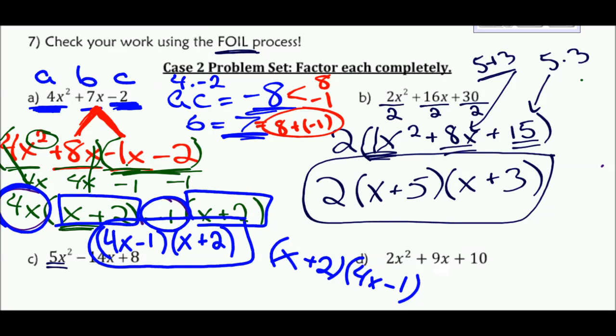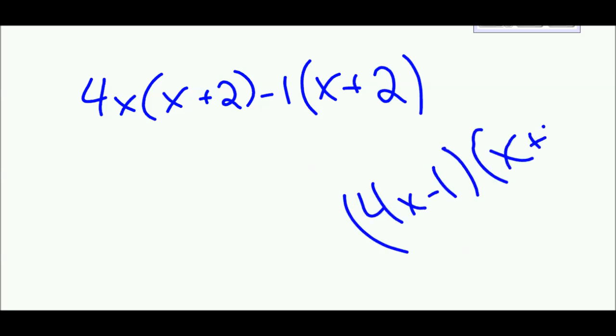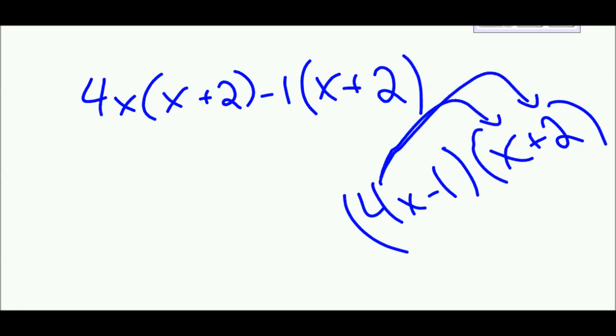Actually, let's show why that makes sense. When we're foiling something, basically it's just distributing both of these into this set of parentheses. It's taking that 4x and distributing it into here. That's exactly what it's doing. 4x gets multiplied by both of these.